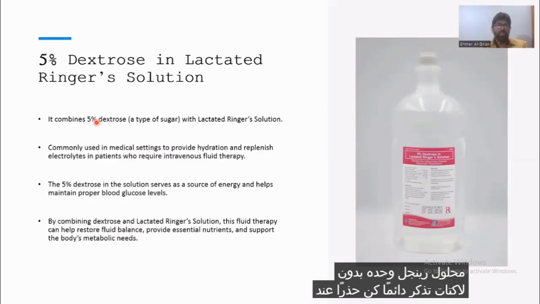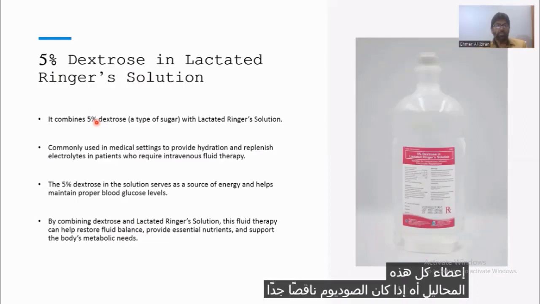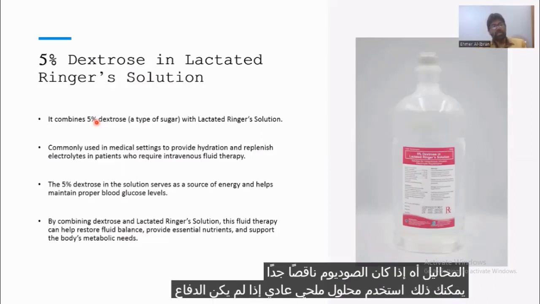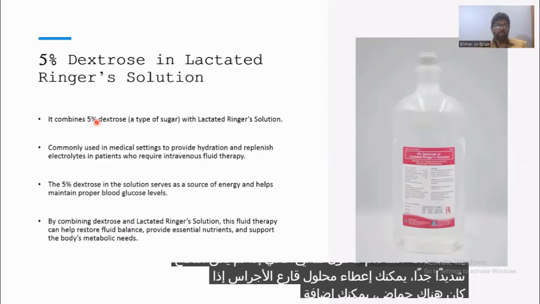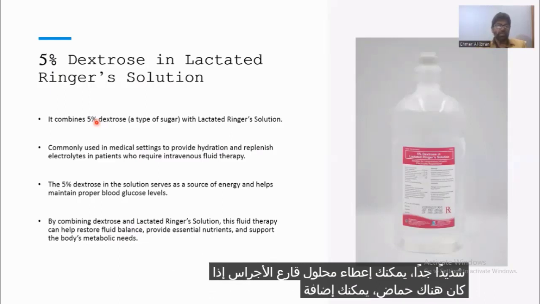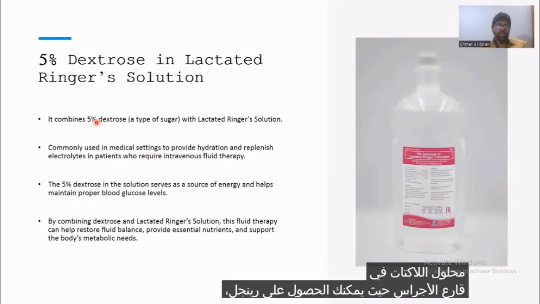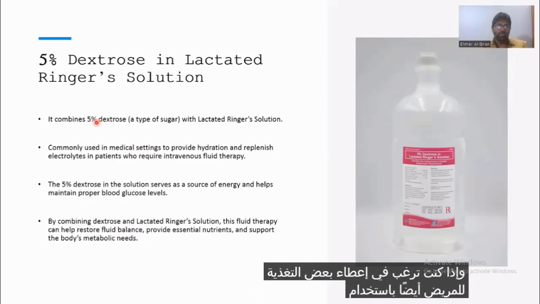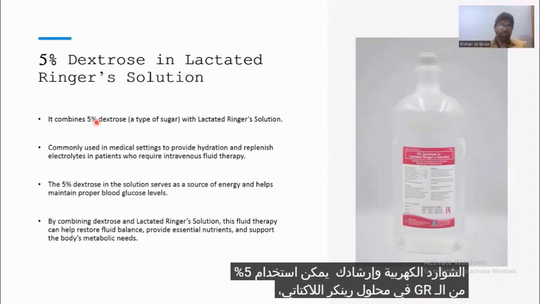Always remember, be careful when you are giving all these solutions. If sodium is very deficient, you can use normal saline. If the deficiency is not so severe, you can give Ringer solution. If acidosis is there, you can add lactate to the Ringer, which gives Ringer lactate. And if you want to give some nutrition to the patient along with electrolytes and lactate, you can use 5% dextrose in lactated Ringer solution.